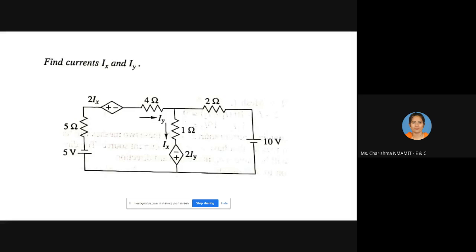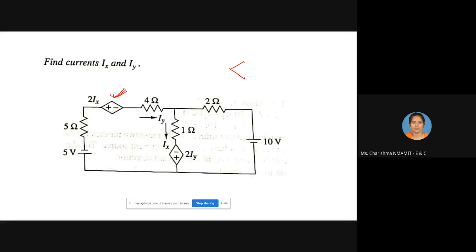So find the currents Ix and Iy using mesh analysis. See here, what you can see is that there are two dependent sources.